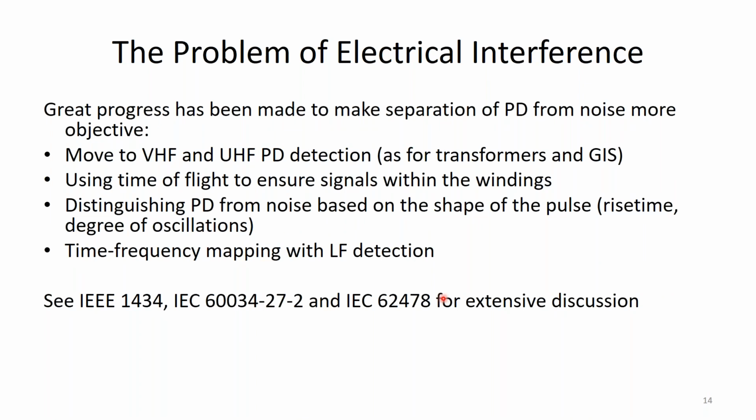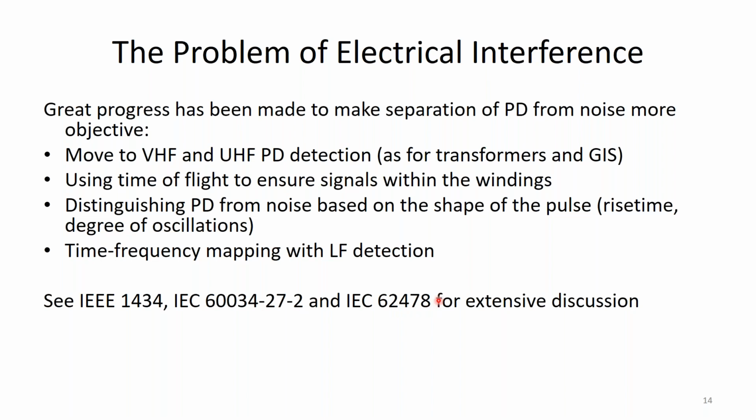And there has been lots of progress in this. I don't have time to go through all of these. I encourage you to look at these IEEE and IEC standards. IEEE 1434 is for both online and offline testing of rotating machines. IEC 60034-27-2 is for online testing of rotating machines.